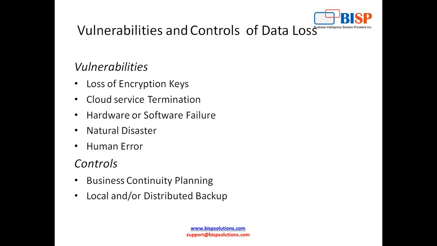And number two, local and distributed backup. As I have specified, to minimize the natural disasters and data loss, there should be a minimum number of backups in the local networks and the distributed networks so as to replace the lost data immediately. So these are the controls that can be used to minimize data loss.